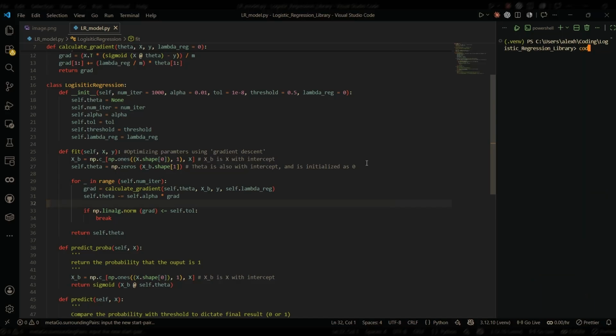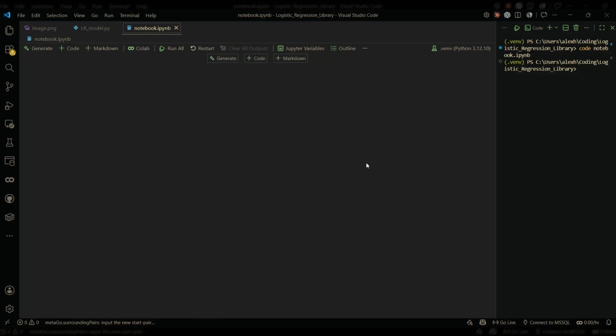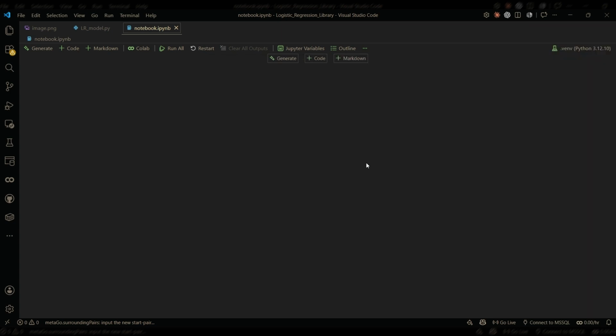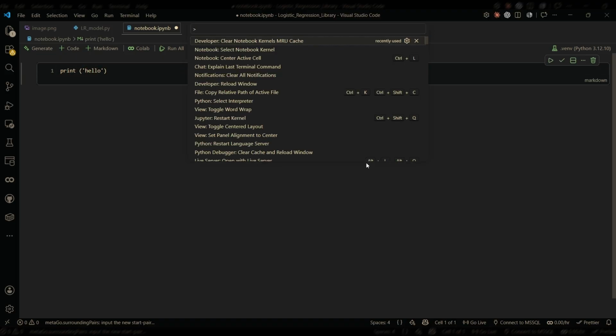Okay, now let's have some problem, and I have to record this again, but it's fine. Let's create a notebook to test our program. You can install the packages by pip install scikit-learn, because we're going to need something from scikit-learn to test, and ipykernel for Jupyter Notebook. So first let's check if it's working.